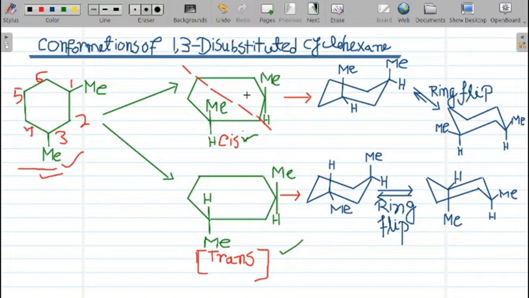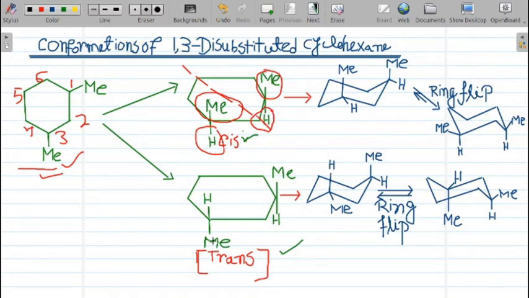In the cis conformer, the two methyl groups in the 1 and 3 positions are cis to one another, because the two methyl groups are on the same side of the plane. Two methyl groups are present on the same side, and two hydrogens are on the other side. That is, if the two methyl groups are above the plane, then the two hydrogen atoms are below the plane.